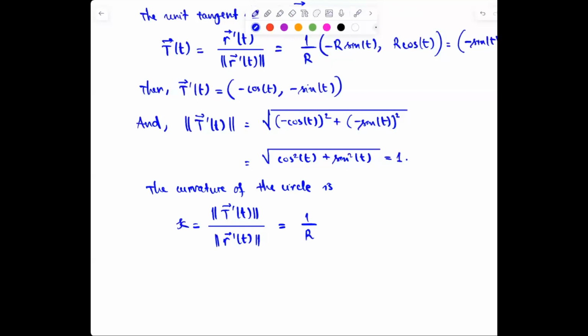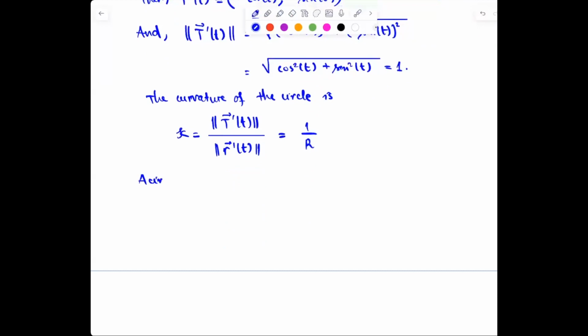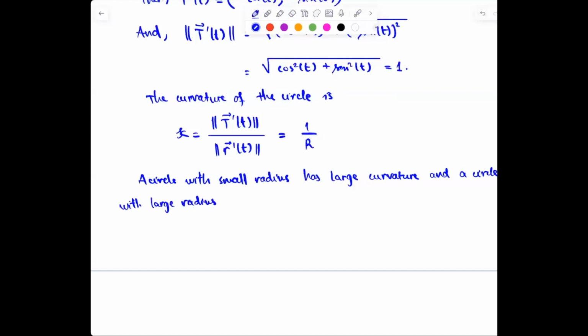A circle with a large radius will have a small curvature. So a circle with a small radius has large curvature, and a circle with a large radius has small curvature.